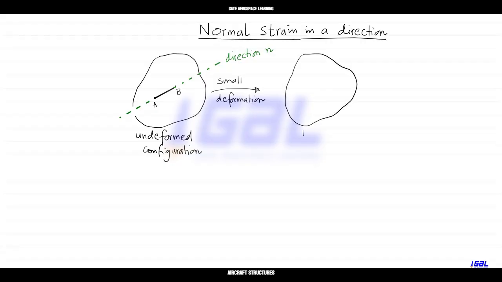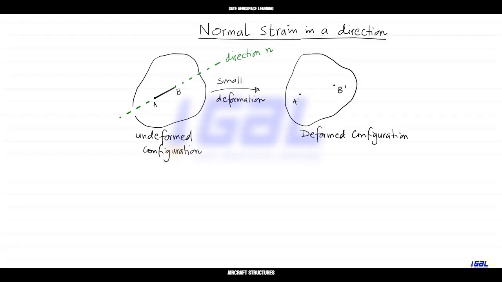This is the deformed configuration of the same body. In the deformed configuration, suppose this point A is here, I call it A prime, and this point B goes here, I call it B prime.